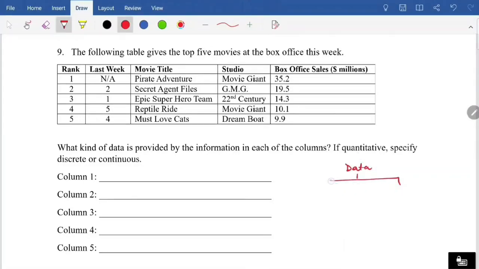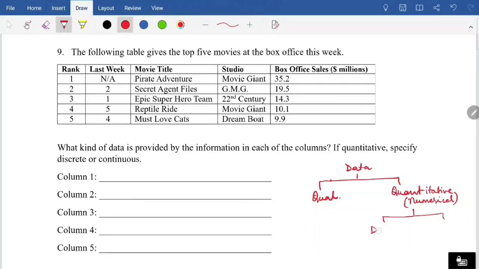One is qualitative, and the other is quantitative, right? So qualitative data is data that comes to us in the form of names, categories, and so on. And quantitative data, as the name suggests, is numerical data, right? Numbers. We get the data in the form of numbers, and quantitative data can be further divided into 2.